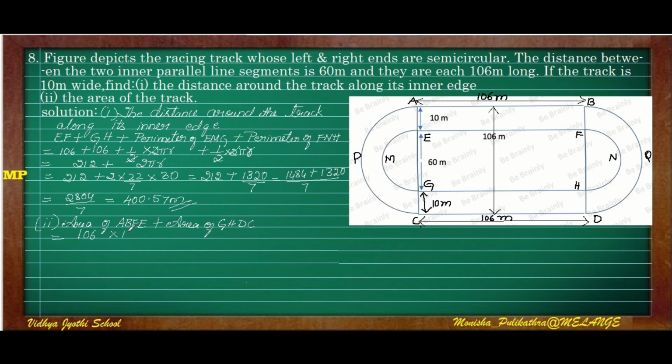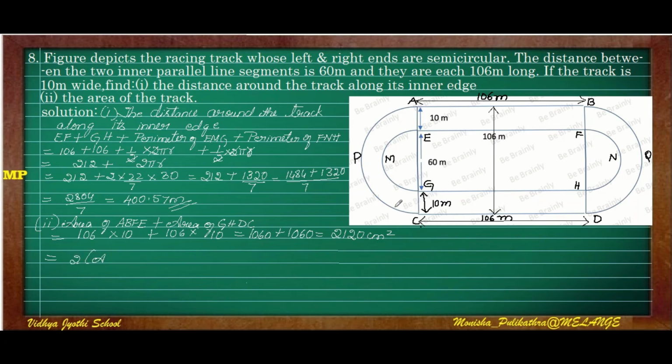So 106 into 10 plus again 106 into 10, which is equal to 1060 plus 1060, which is equal to 2120 centimeter square.